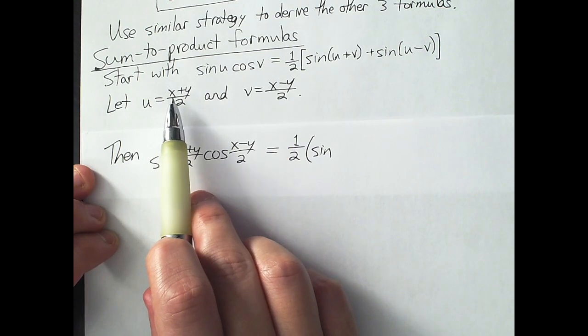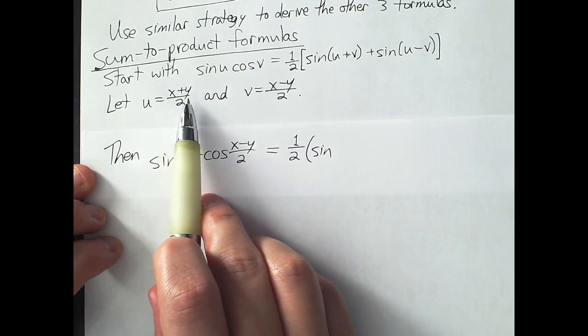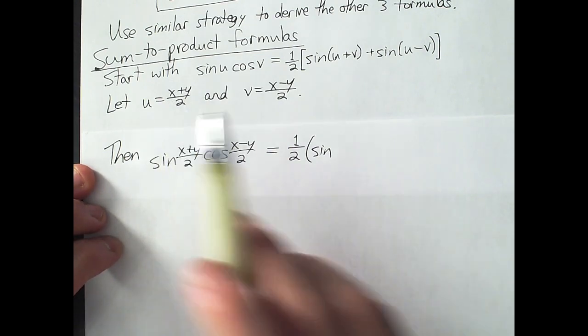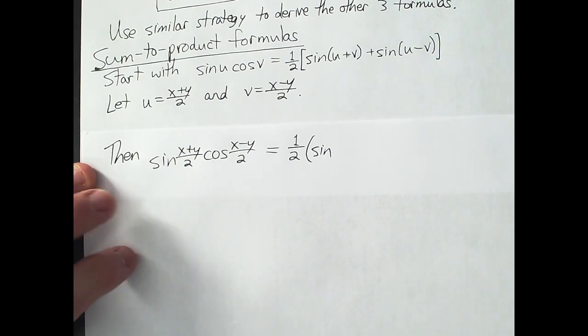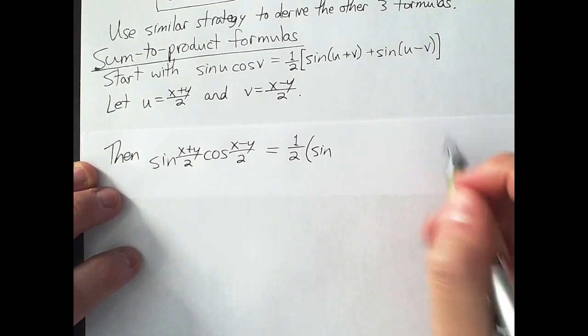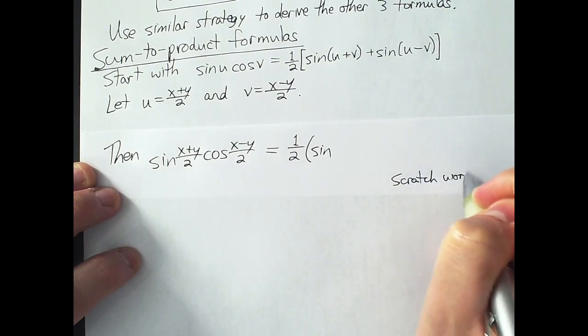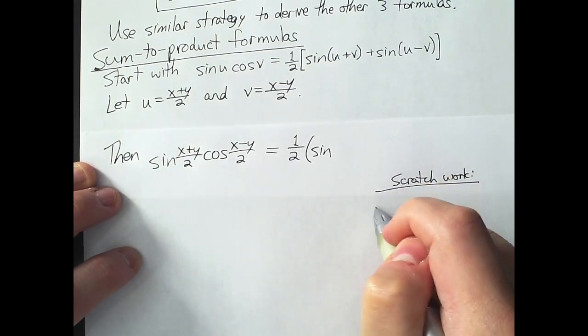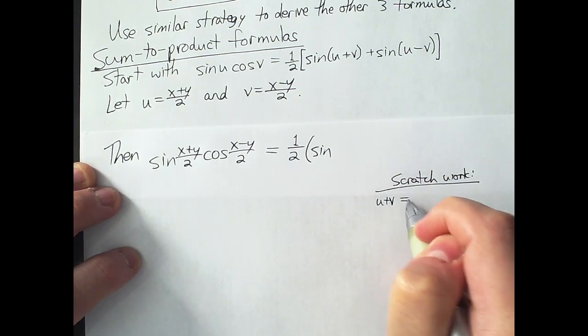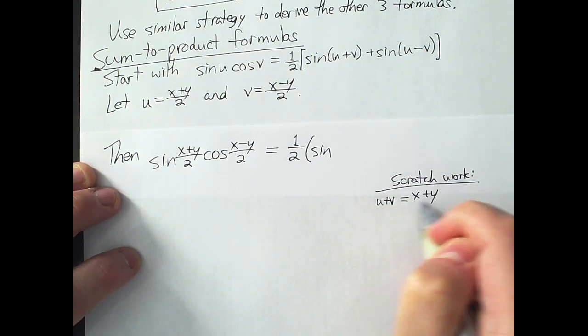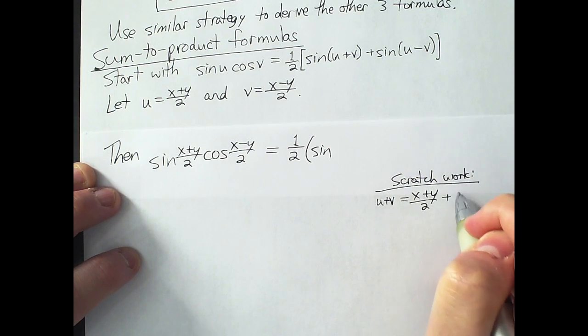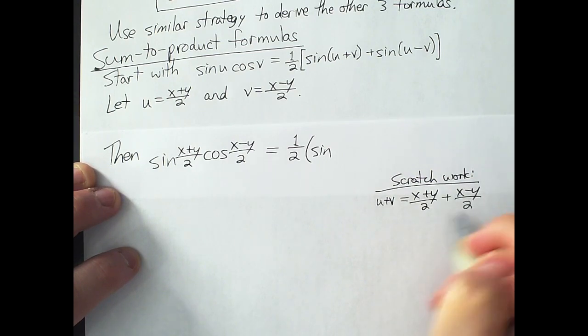Do you want to do some scratch work on the side? Should we maybe? Okay, u plus v equals x plus y over 2 plus x minus y over 2.